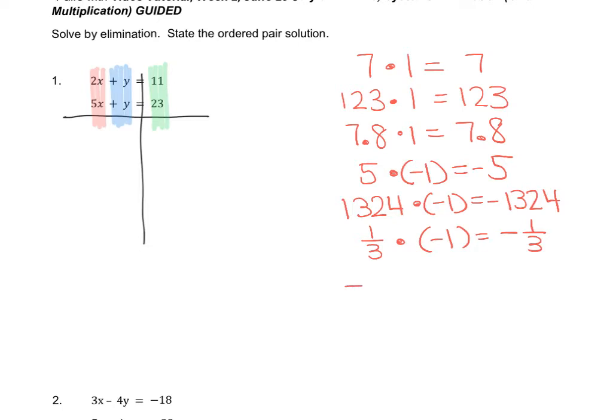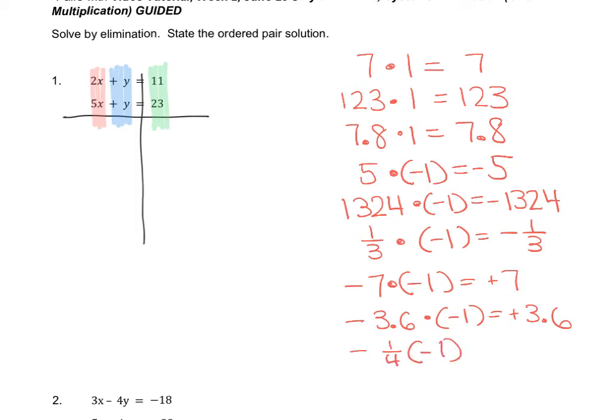If I take -7 and multiply it by -1, I get +7. If I take -3.6 and multiply it by negative 1, I get positive 3.6. If I take negative 1/4 and multiply it by negative 1, I get positive 1/4. So the only way I do not change a value is by multiplying it by 1.